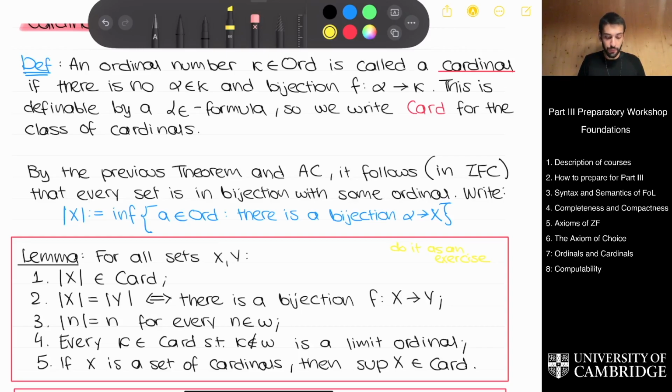If the cardinality was not a cardinal, then there would exist some ordinal in the cardinality which was in bijection to the set. But this ordinal, because it is in the cardinality, is smaller than the cardinality, and because bijections compose, the cardinality would then not be the least ordinal in bijection to our set, which is a contradiction. Therefore, the cardinality has to be a cardinal number.